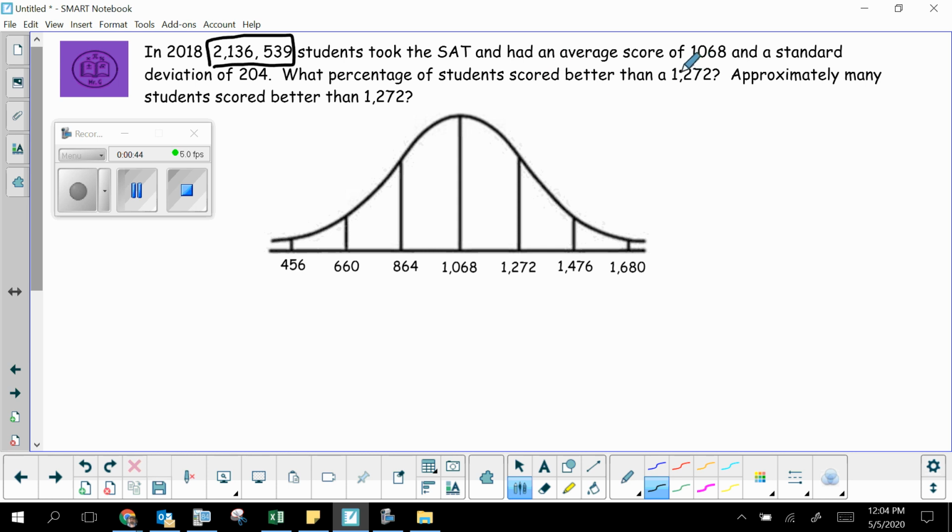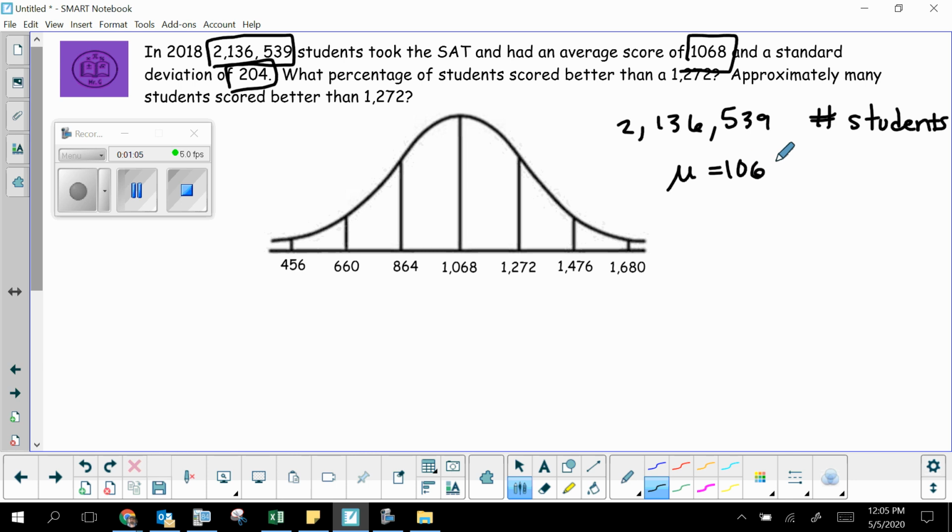There was an average score of 1068 and a standard deviation of 204. So 2,136,539 is our number of students that took the test. Our mu, or our mean, is 1068, and our sigma, the standard deviation, is 204.